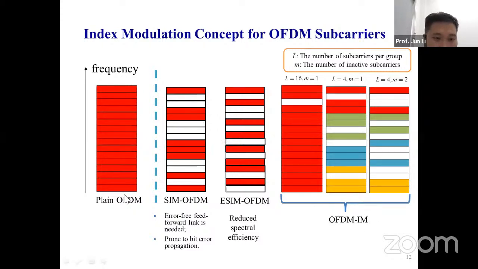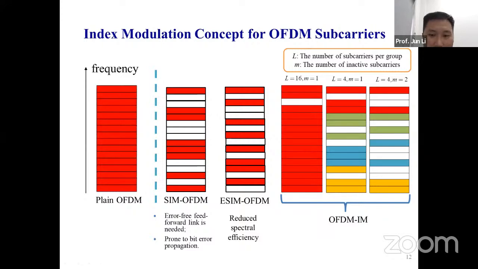Conventional OFDM needs much power to transmit all of the modulation symbols, but OFDM-IM has maybe only half, if we consider this figure.